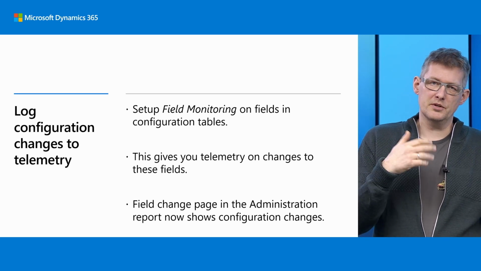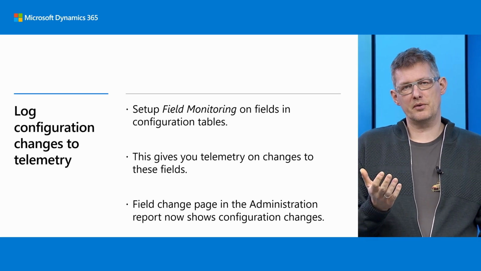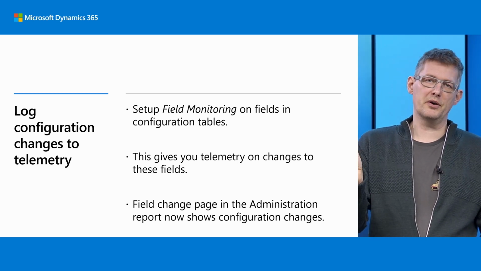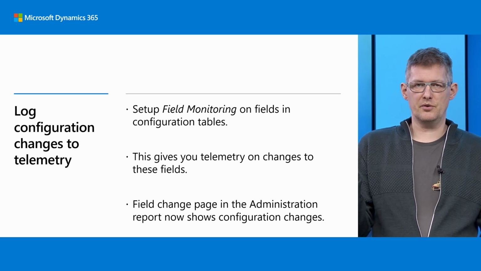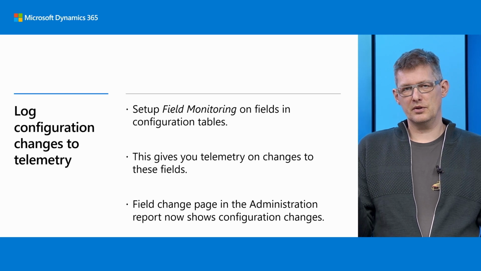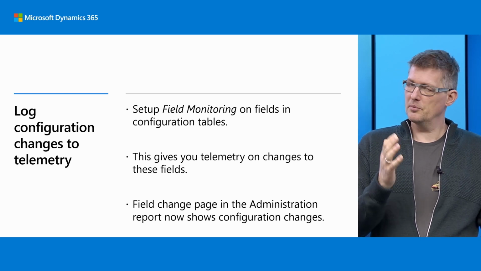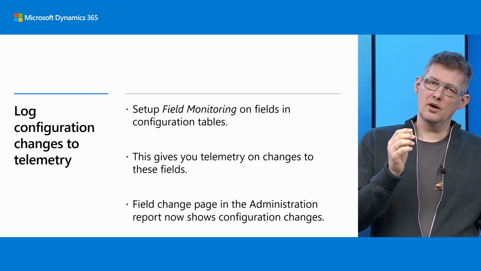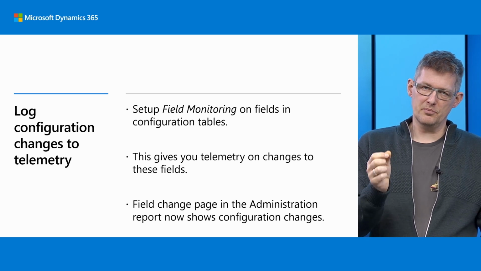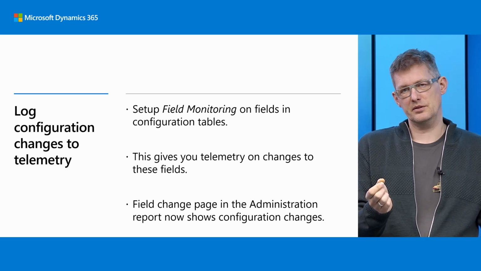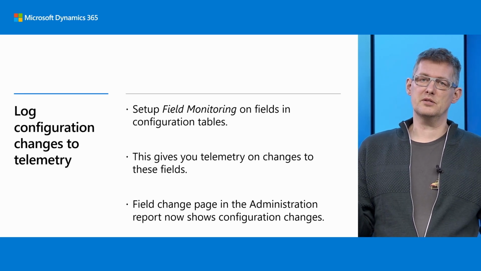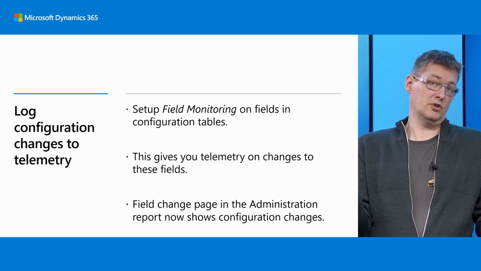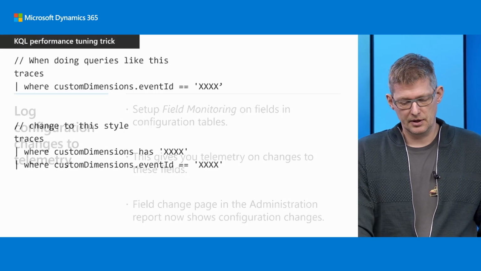Field monitoring was thought of as you want to monitor changes to bank accounts or something that is sensitive so that you can be alerted on fraud. But here's a trick. Why not also set up field monitoring on configuration changes? Because that gives you telemetry on all configuration changes happening in the system. Wouldn't that be nice? I think it would.